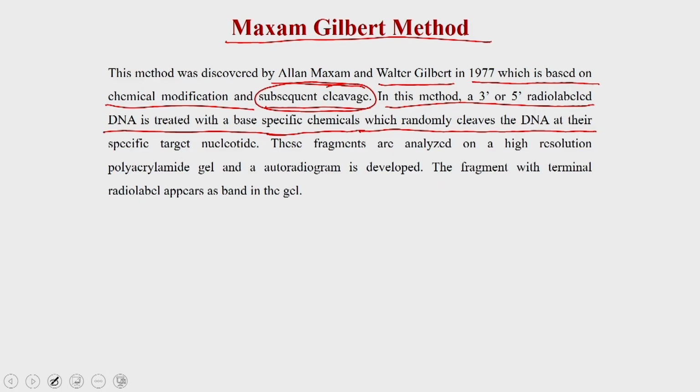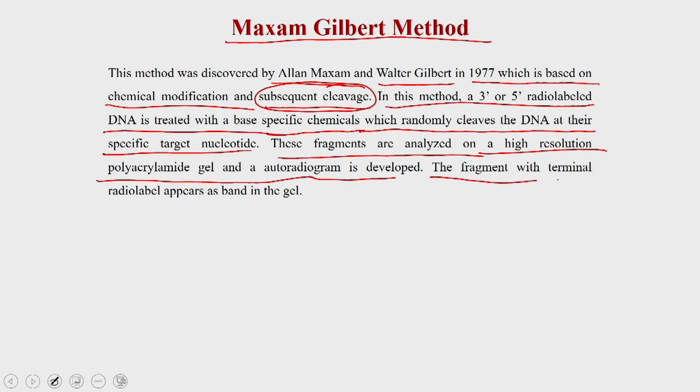Then you add the cleavage reaction, which cleaves the DNA at random places. These fragments are analyzed on a high resolution polyacrylamide gel, and subsequently you develop them in an autoradiogram. The fragments with the terminal radiolabel appear as bands in the gel.